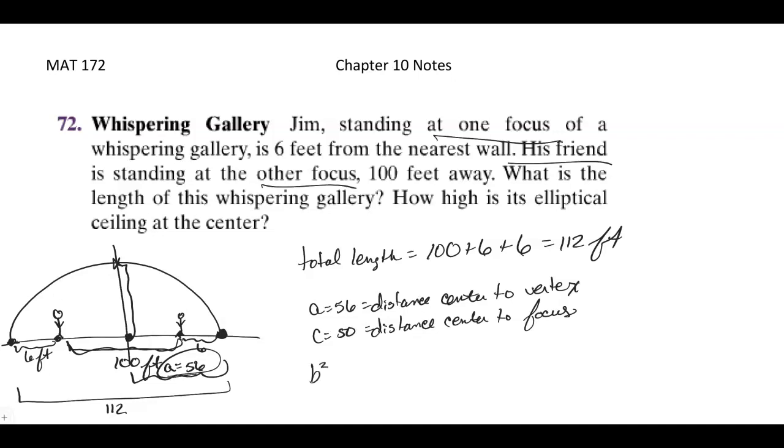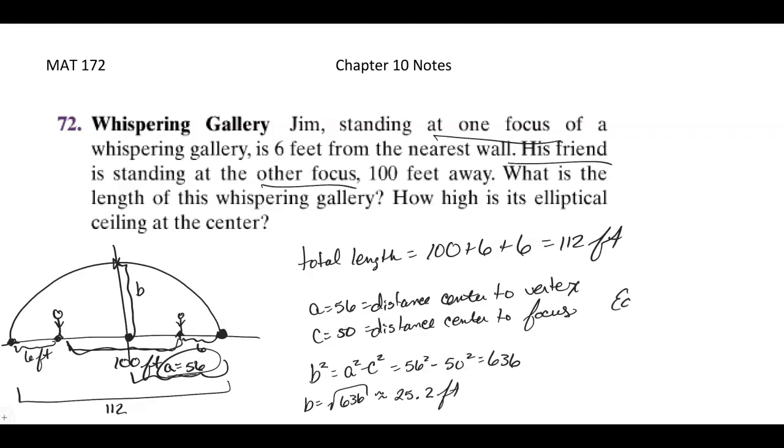So we know B squared equals A squared minus C squared. So we have 56 squared minus 50 squared, which is 636. So B is going to be the square root of that. And I got about 25.2. So B, and that's that distance along that minor axis right here, is going to be about 25.2 feet.